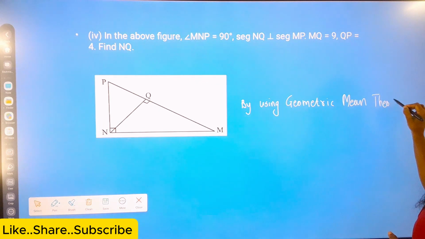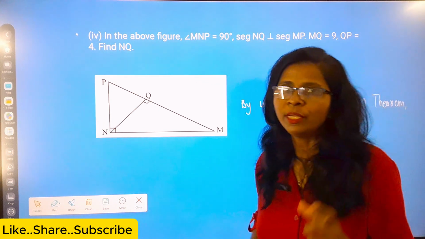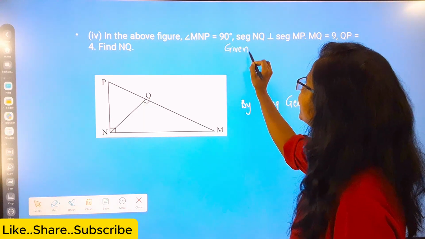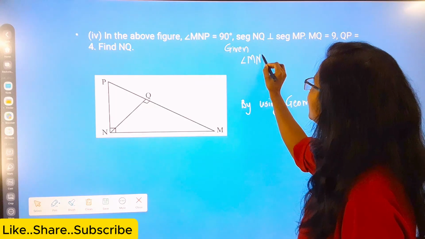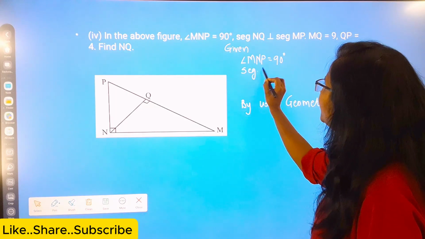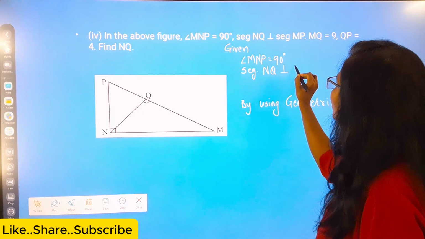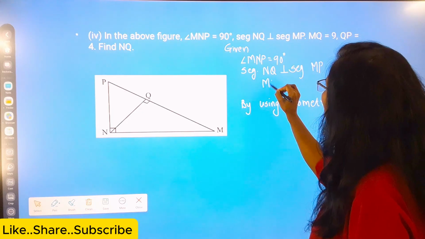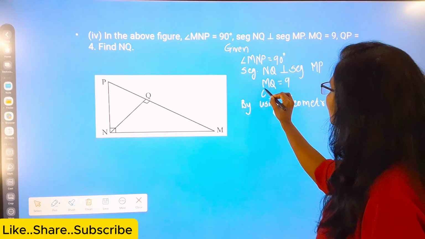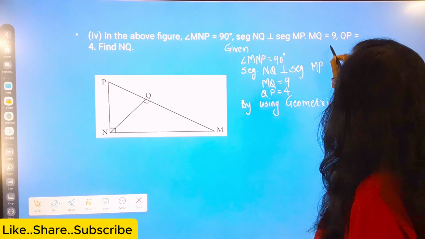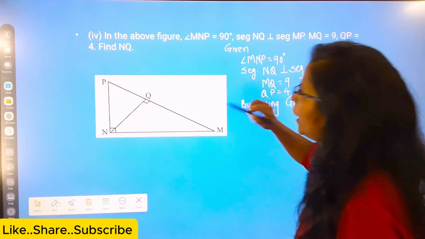So before that we write the information. Okay students, here given, the angle NNP is equal to 90 degrees, then segment NQ is perpendicular to segment MP, then QN is equal to 9, QP is equal to 4, and we have to find the NQ.